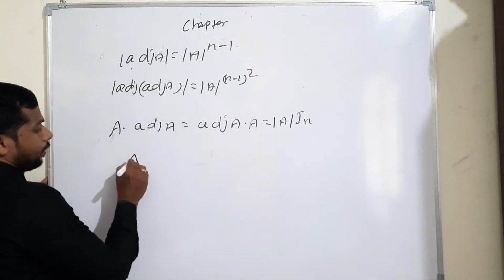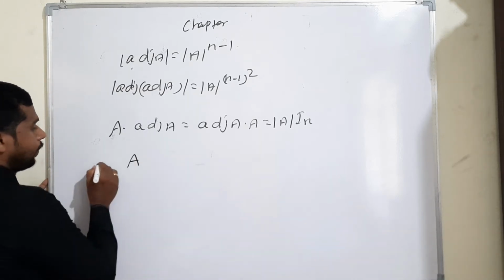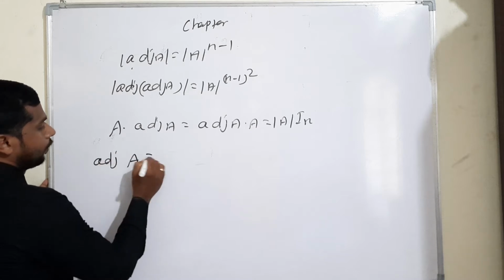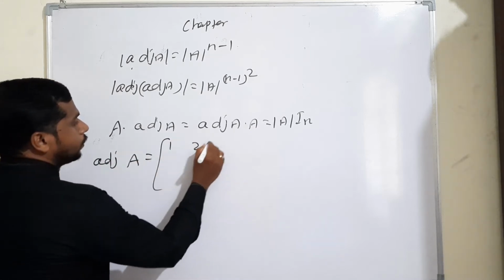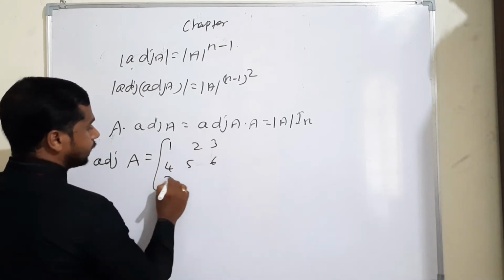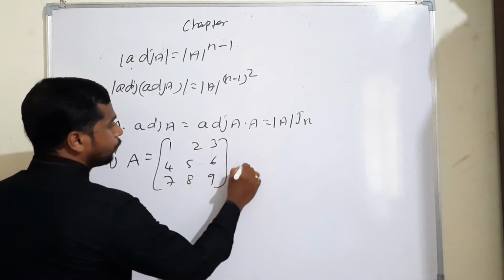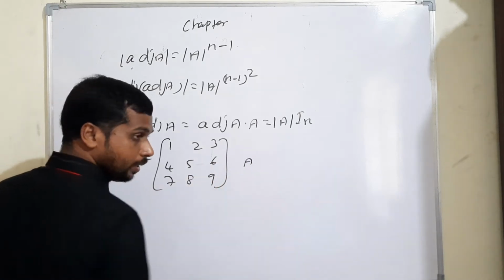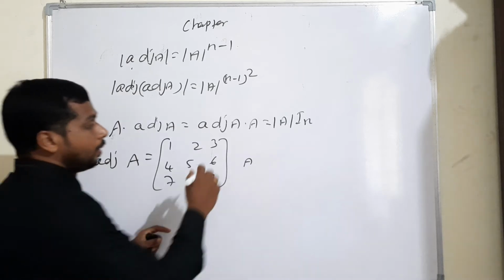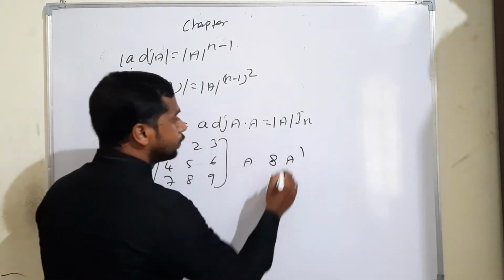Then sometimes adjoint of A is given, two types of questions. Adjoint of A they have given, for example a 3 into 3 matrix: 1, 2, 3, 4, 5, 6, 7, 8, 9. We need to find A, so what formula do you have to apply? Then if you need to find A inverse, what formula applies?